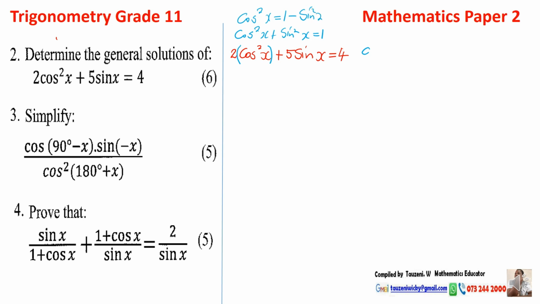It means cos squared x and 1 minus sine squared x are equivalent to each other, therefore they can replace each other. That's how you solve the equation. So let's do that and see what will come out. 2 times cos squared x is now going to become 2 times (1 minus sine squared x) plus 5 multiplied by the sine of x. This is equal to 4.